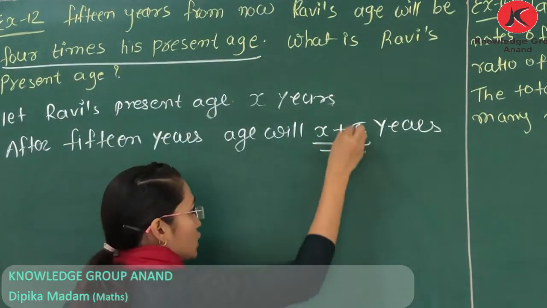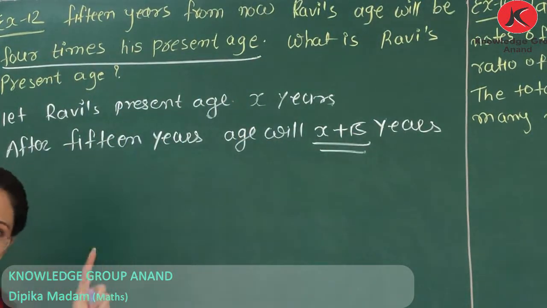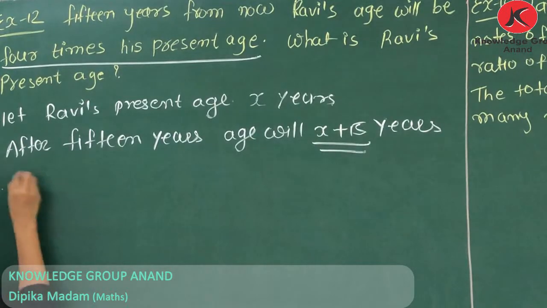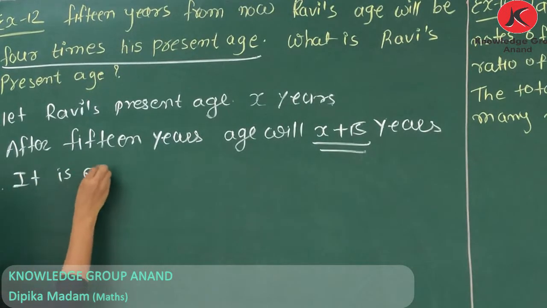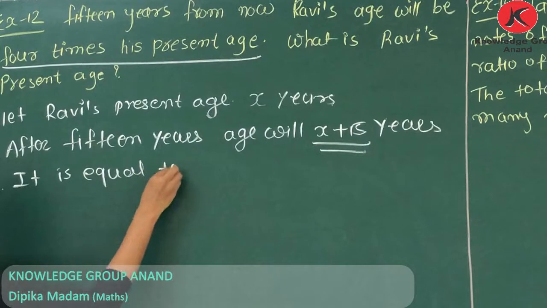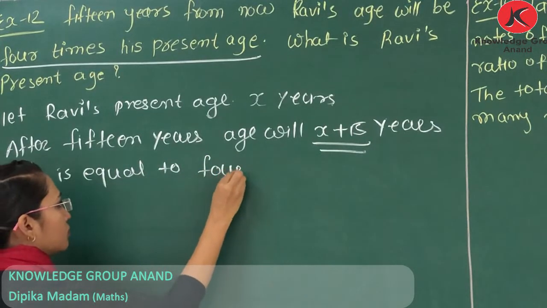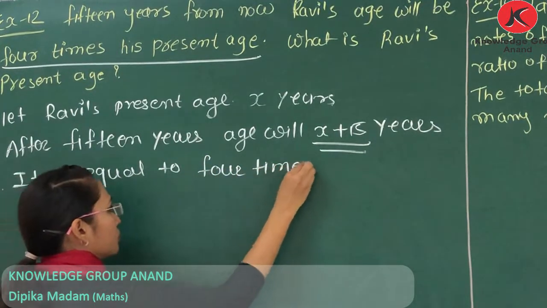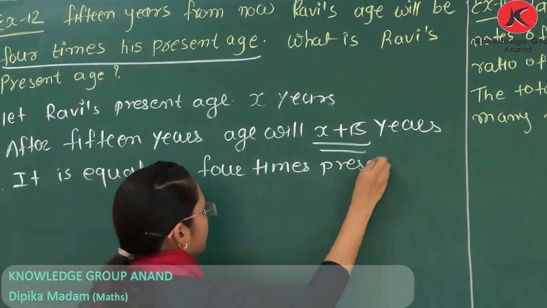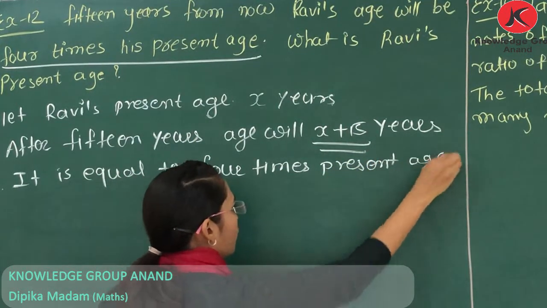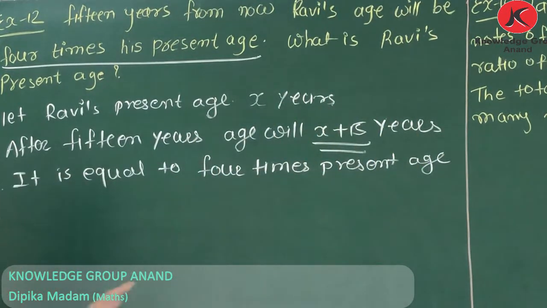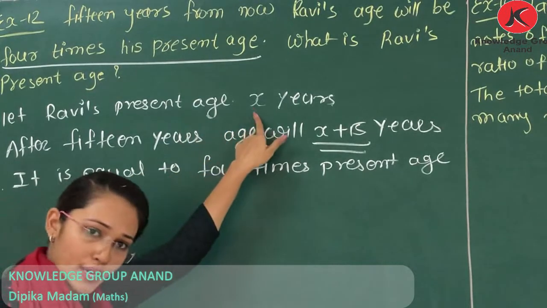So we can write it is equal to 4 times the present age, and 4 times the present age means 4x.